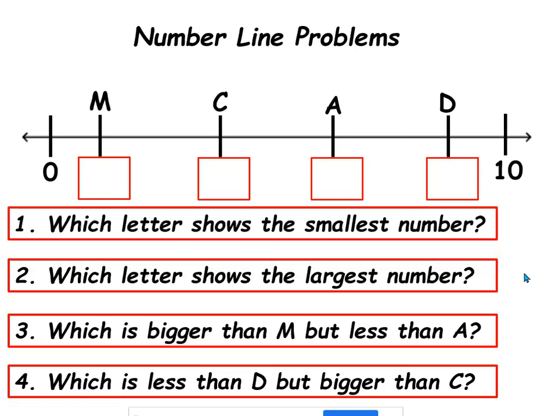Okay, the first question. Which letter shows the smallest number? If here is 0 and here is 10, so this one close to 0 will be the smallest, and that is, have a think.